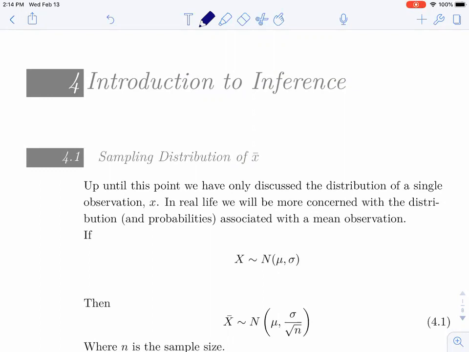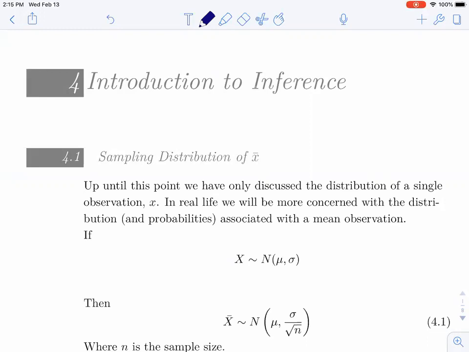Okay, so we said at the beginning of the course, the whole idea of statistics and the reason you have to take this course is because we want to be able to take some sample, right? Take information from a sample to be able to say something about the whole population, right? So that's the whole idea of statistics. And so what we could say is, we want to take a sample to infer something about the population. And that's where inference comes from. Okay.